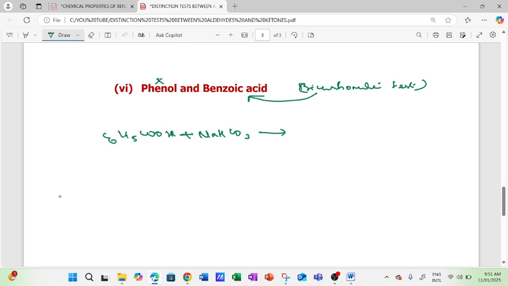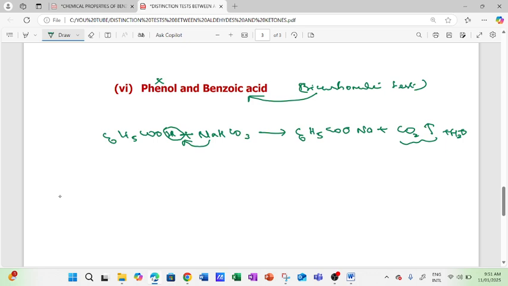The hydrogen in benzoic acid is replaced by sodium, giving C6H5COONa. Along with that, you will get brisk effervescence of carbon dioxide and water. So by observing the brisk effervescence, you can understand that it is a carboxylic acid.